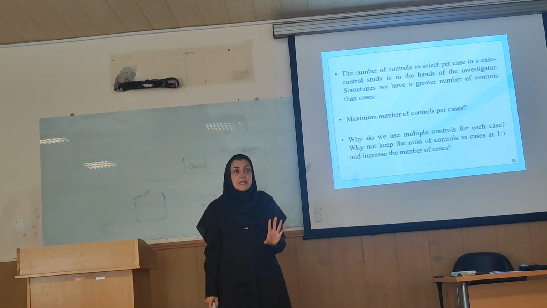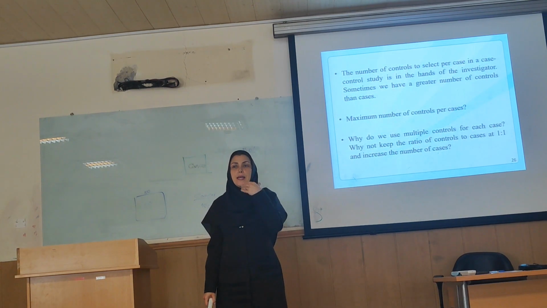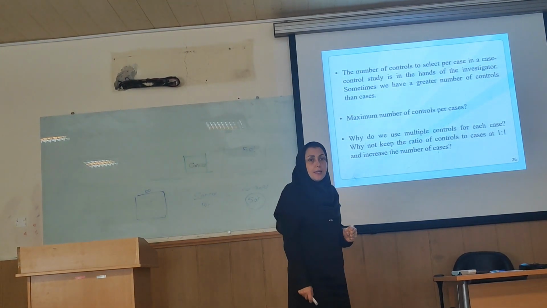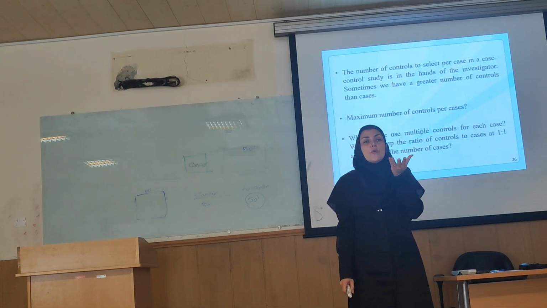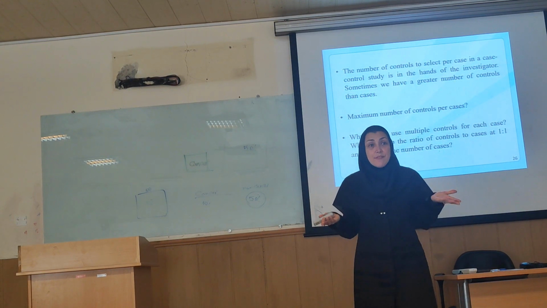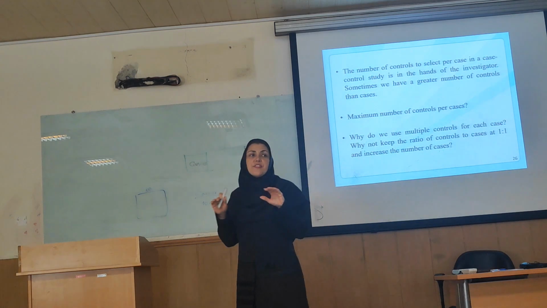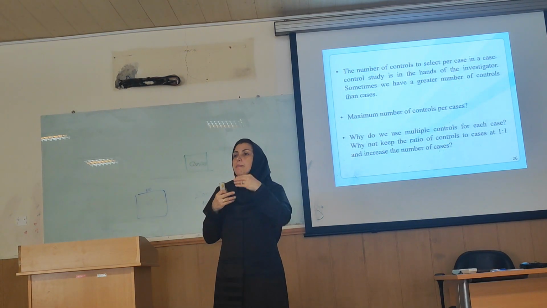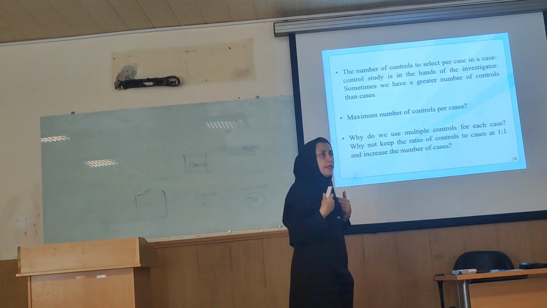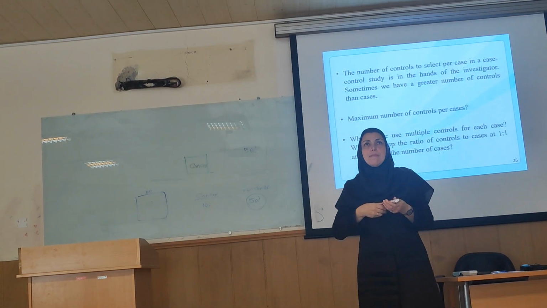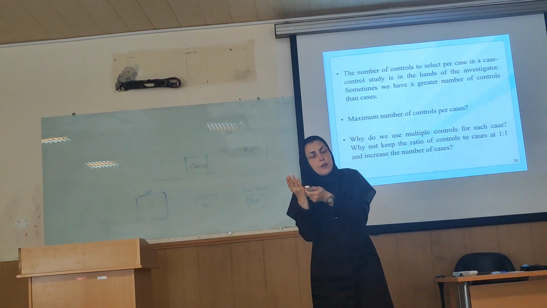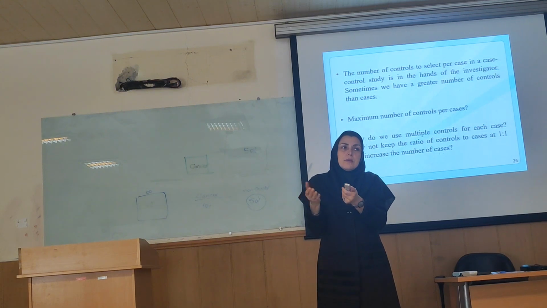It is not exactly the reason for selecting more controls. The main reason is having no access to enough cases in the community. Sometimes we have a limited number of cases. For example, based on statistical calculation, we need to have 400 cases and 400 controls.